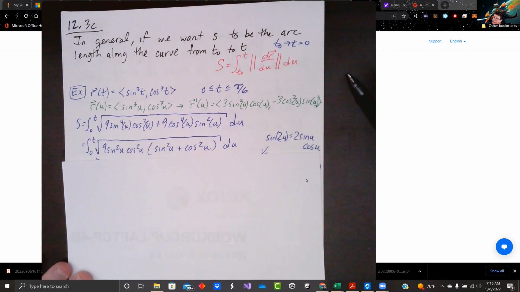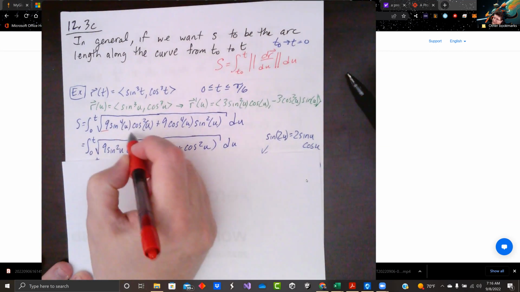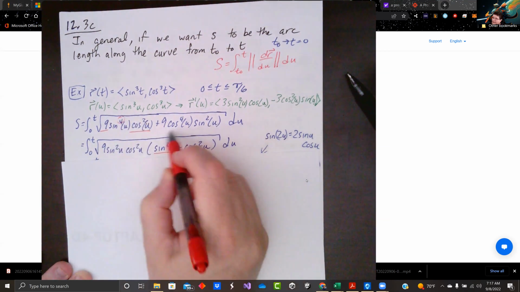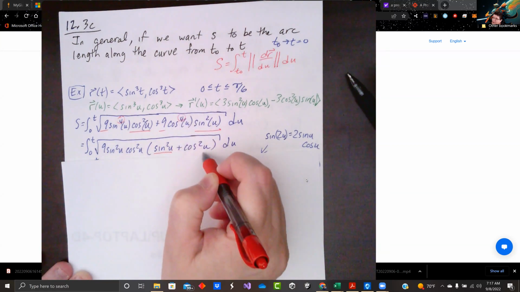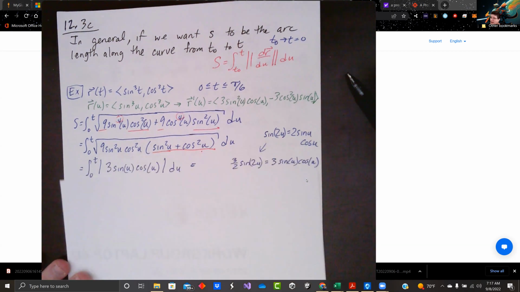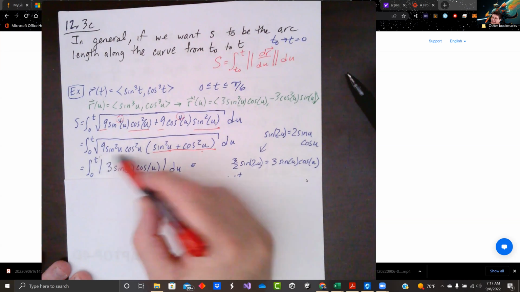If we factor that out, 2 of those leaves sine squared u, and the other leaves cosine squared u. So that again is going to be 1.